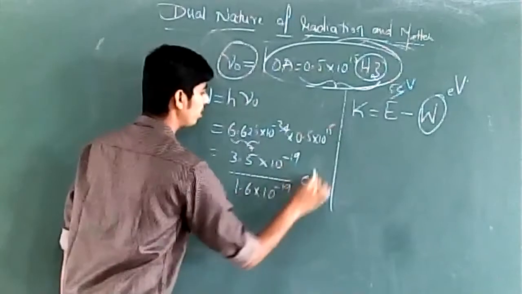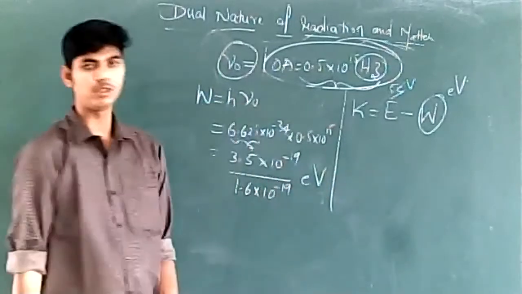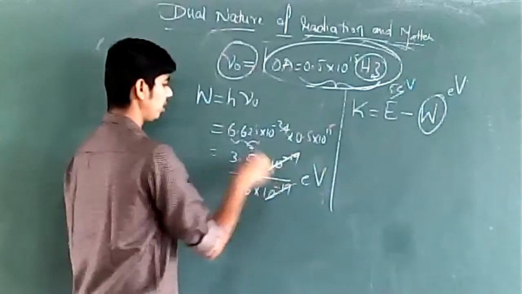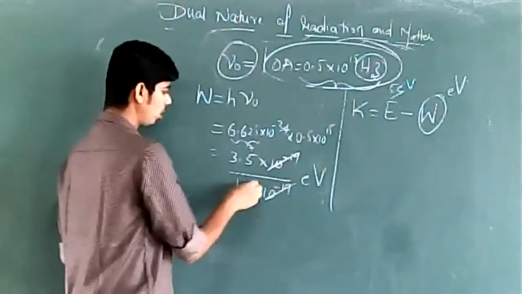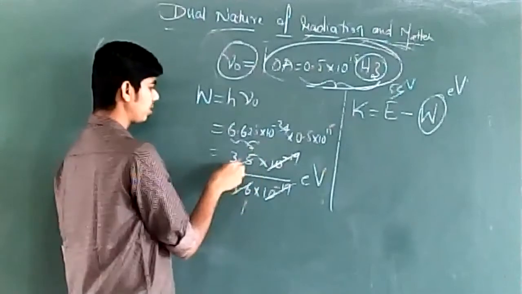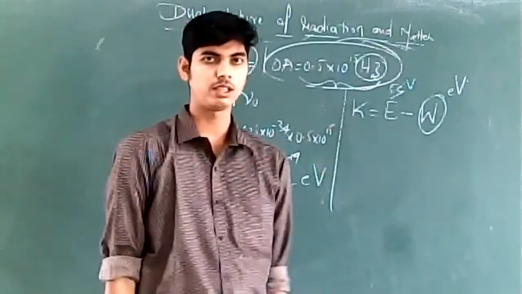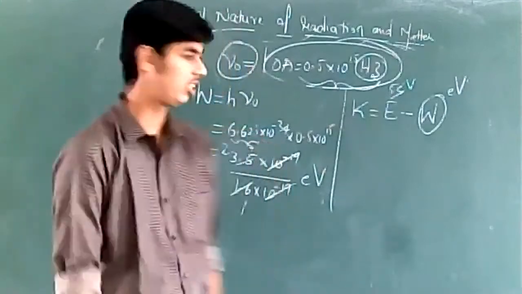If you divide it, the unit in which the work function is expressed becomes electron volt. 10 to the power of minus 19 gets cancelled out. 1.6 ones are 1.6, almost 2s are 3.2.